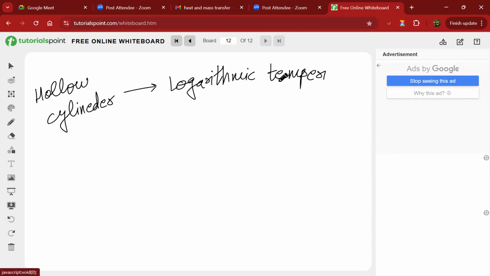So we have a logarithmic temperature variation with respect to r in case of a hollow cylinder.